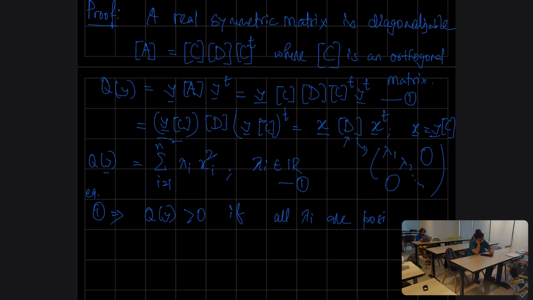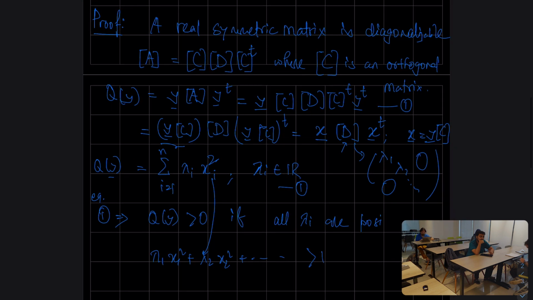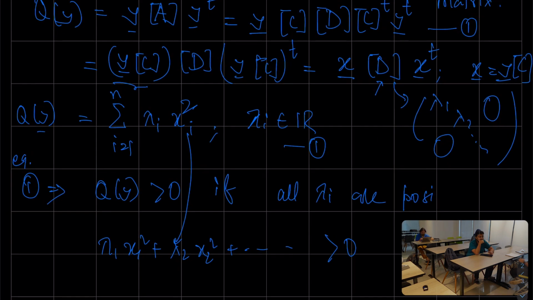What does this line mean? This means lambda 1 x1 square, lambda 2 x2 square, and so on. The question here is, can this be positive having some terms negative?